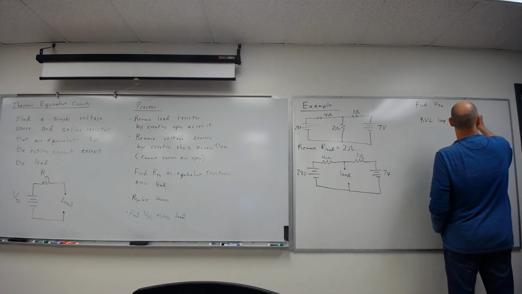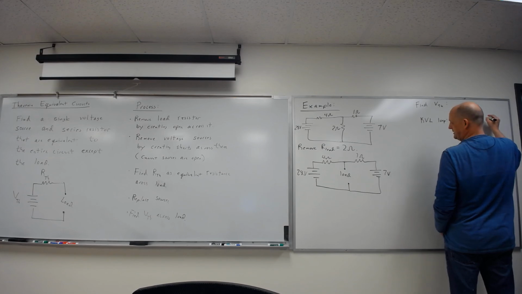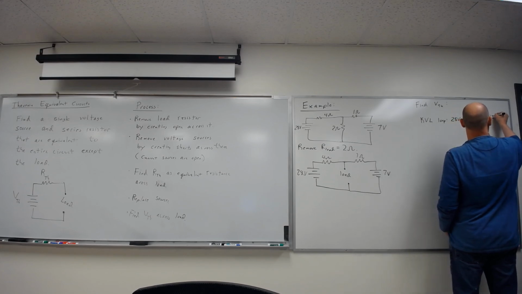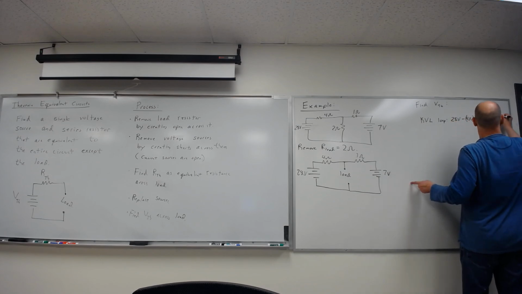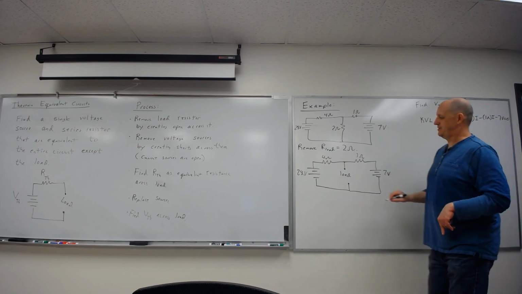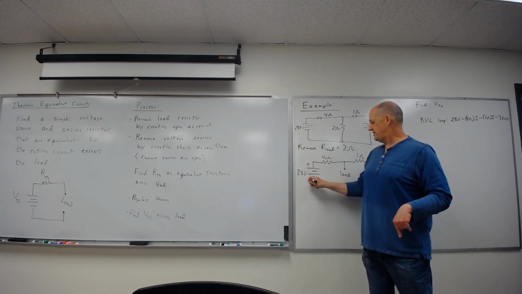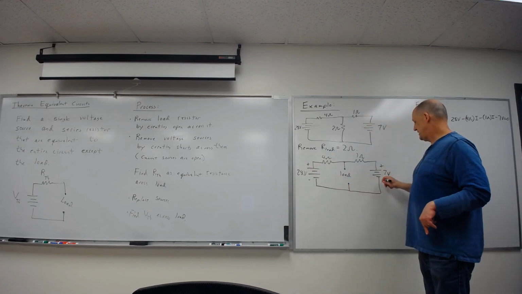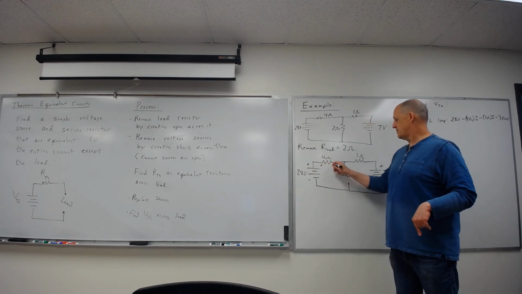Minus 4 ohms times my current. Minus 1 ohm times my unknown current. Minus 7 volts, because that polarity is opposite of this one, right? This polarity is positive up here and negative. The way I wrote these, of course I'm going this way.